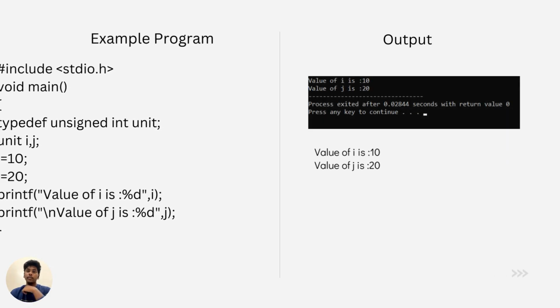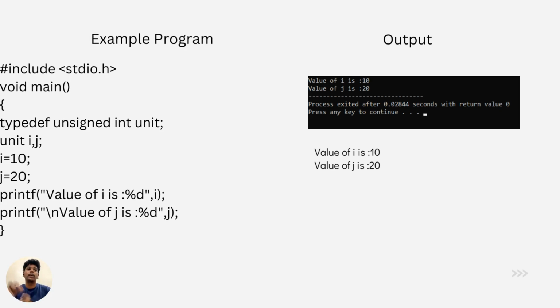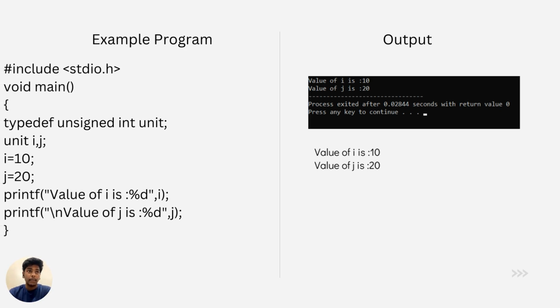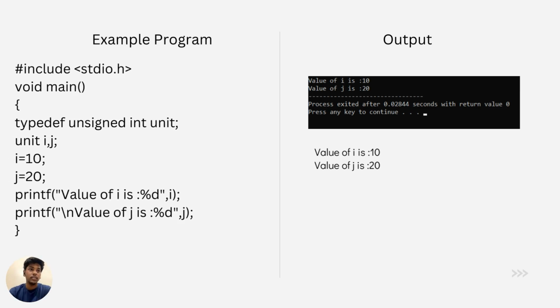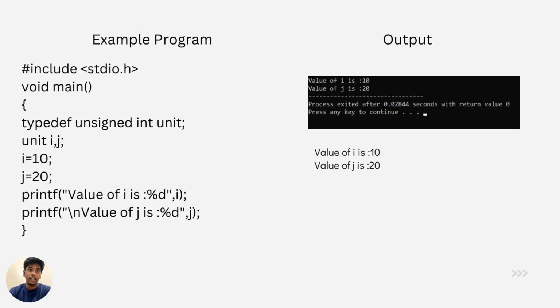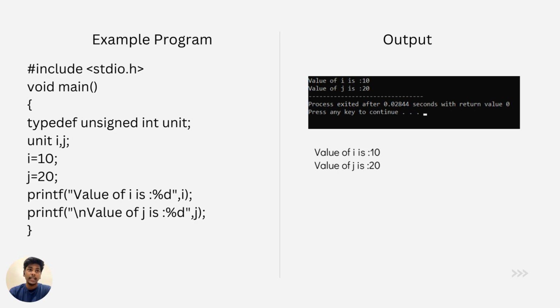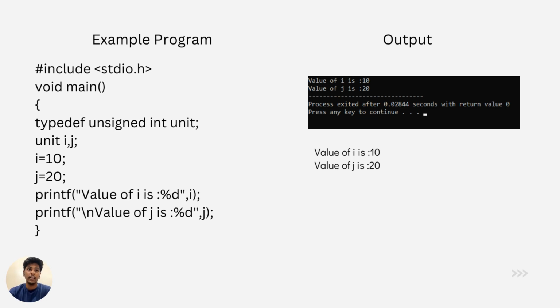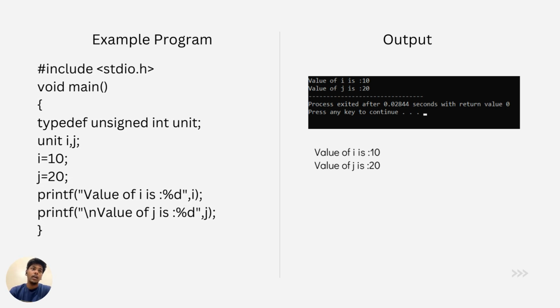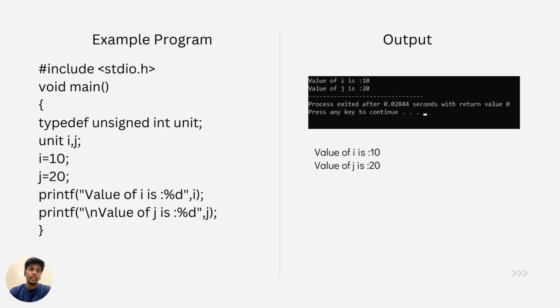This is a simple program illustrating typedef. As you can see, in the declaration of variables, there is typedef unsigned int unit. We are assigning the alias name unit to the unsigned int data type. In the next line, you can see unit i, j.